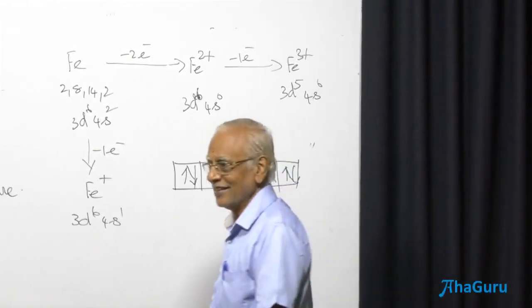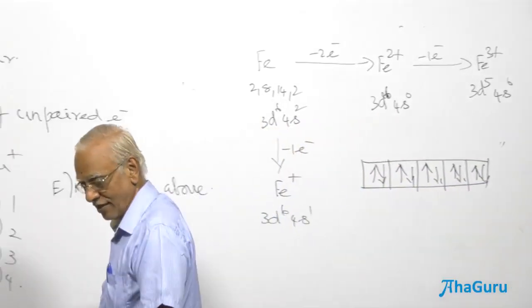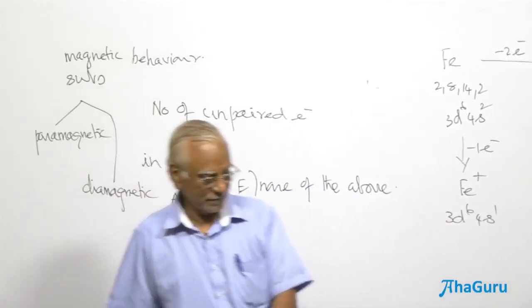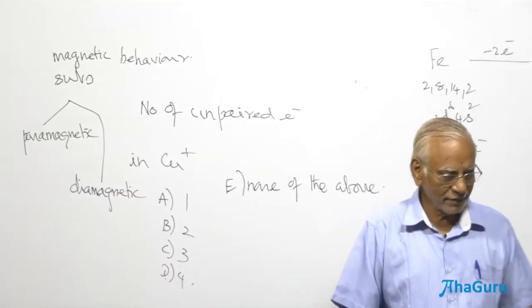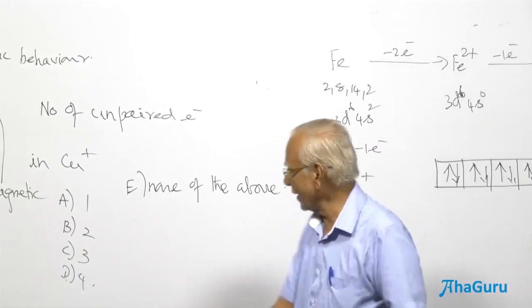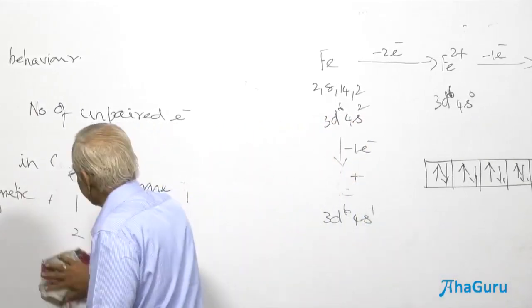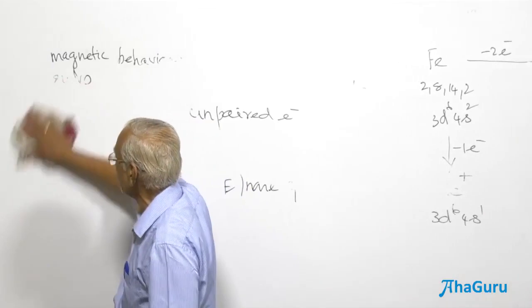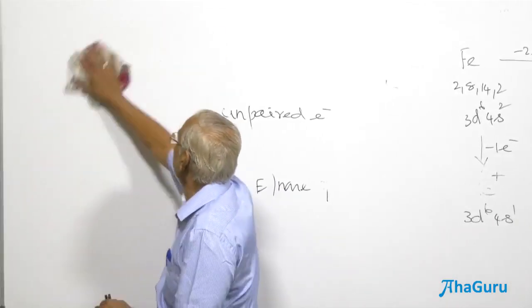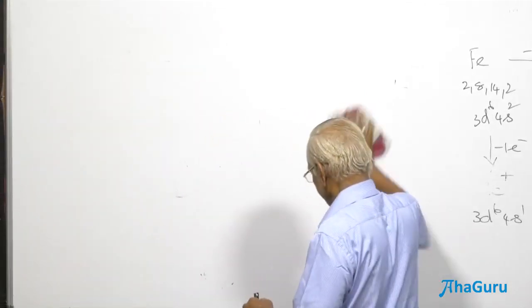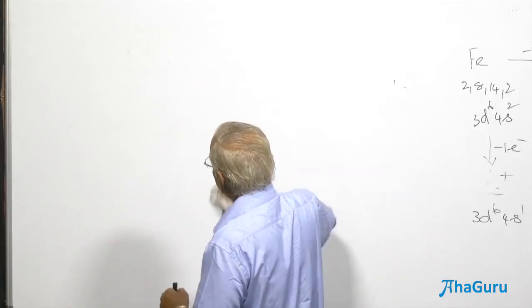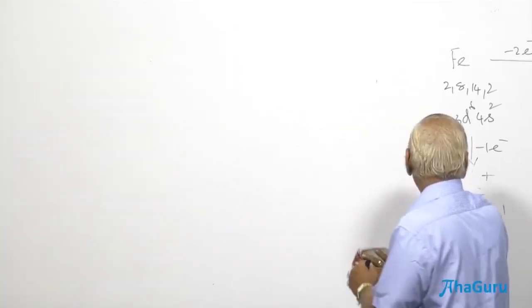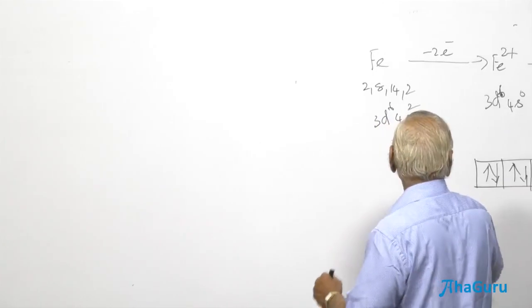Write it. Sodium and chlorine are paramagnetic elements, while sodium chloride is diamagnetic.